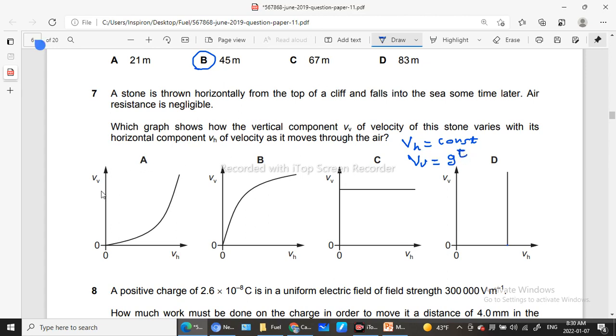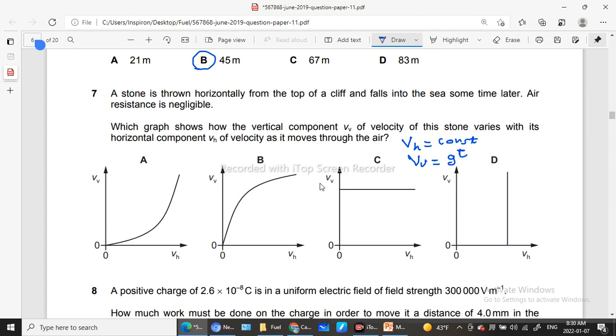Now in A, both VV and VH are increasing, and this is wrong. And here also both VV and VH are increasing together, and this is also disqualified.